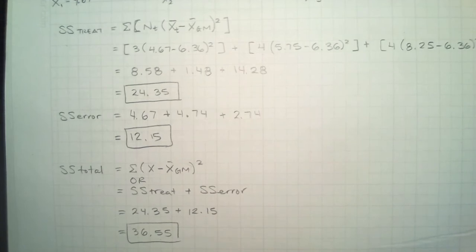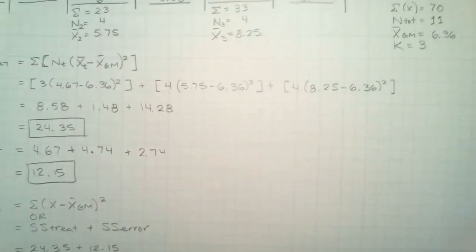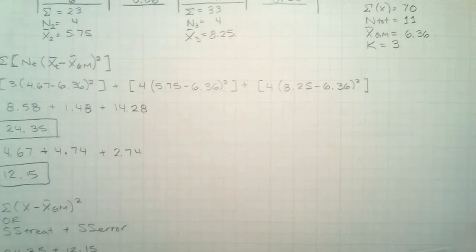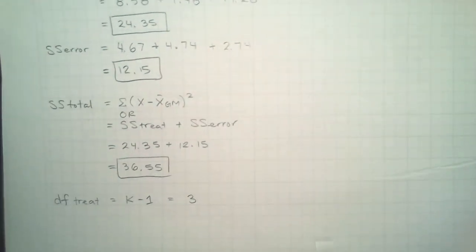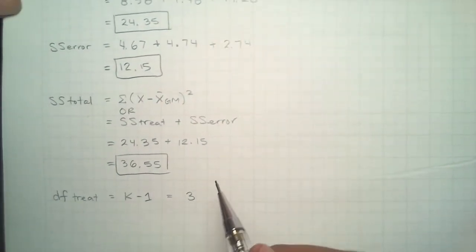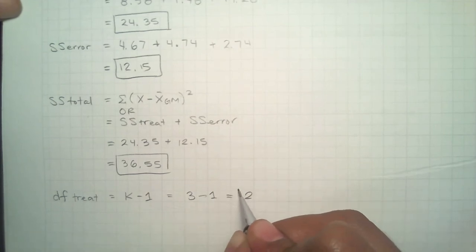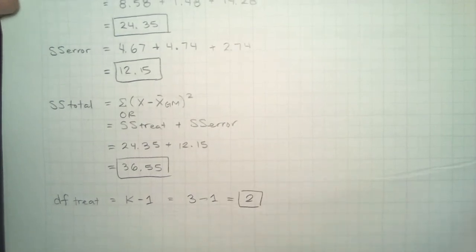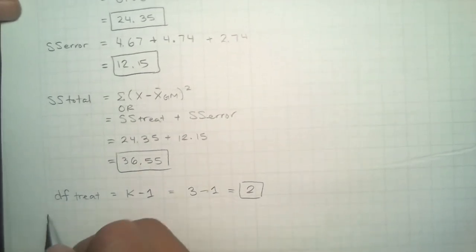So that equals 3, because our k value is 3. And again, just go back here, we had already labeled k there. So k minus 1 is 3 minus 1, and that equals 2. So we have our first df term, which is df treatment, value is 2.